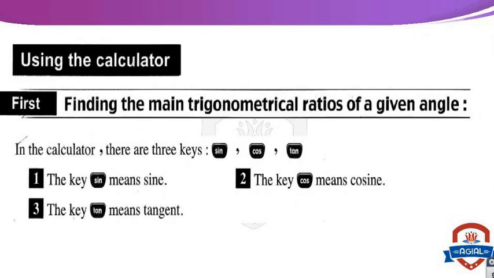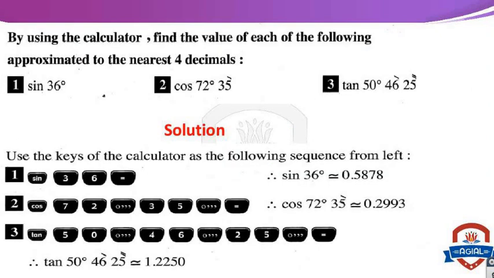By using the calculator, find the main trigonometrical ratios of a given angle. In the calculator, there are 3 keys: sine, cosine, and tan. By using the calculator, find the value of each of the following: sine 36 degree, cosine 72 degree 35 minutes, tan 50 degree 46 minutes 25 seconds. At first, sine 36 degree: press sine 36 equals.